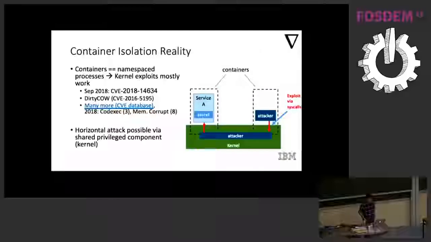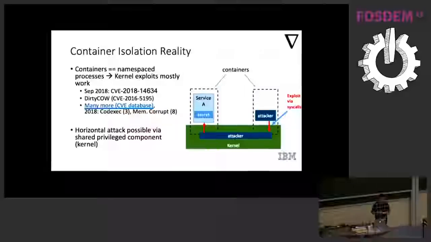So what is container isolation right now? Containers are namespaced processes, right? Namespacing is good because by definition it means that the data of one container should not be able to be retrieved from another process, right? But because containers are namespaced processes, this means that they are also processes.